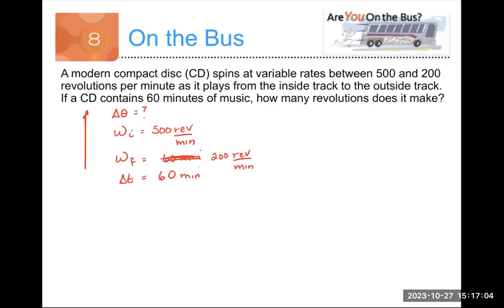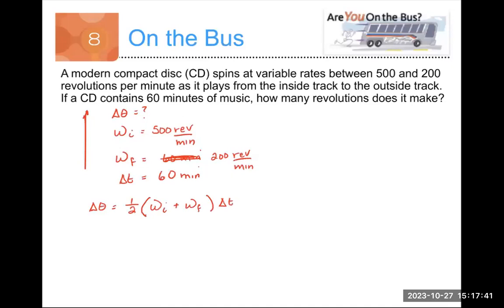So the formula that we would use to find this is delta theta equals 1/2 times omega I plus omega F times delta t. And even though it's not written, I did tell you that we were assuming constant acceleration.